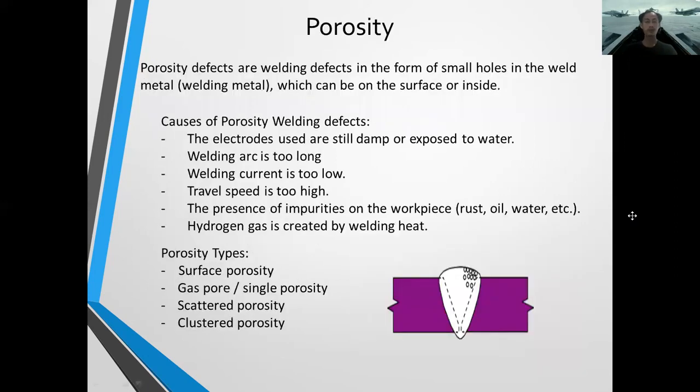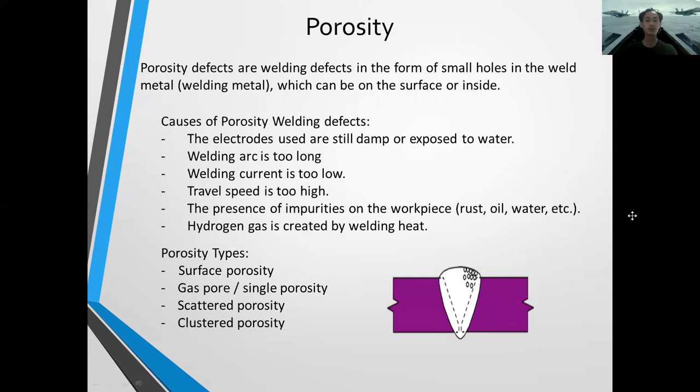Fifth, porosity. Porosity defects are welding defects in the form of small holes in the weld metal, which can be on the surface or inside. Causes of porosity welding defect: the electrode used is still damp or exposed to water.